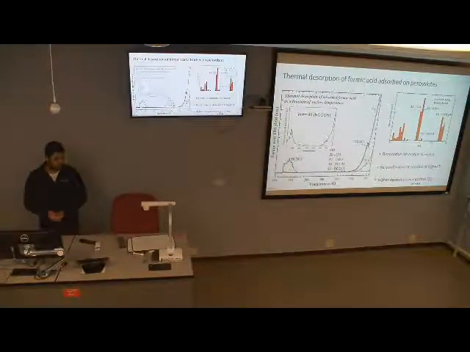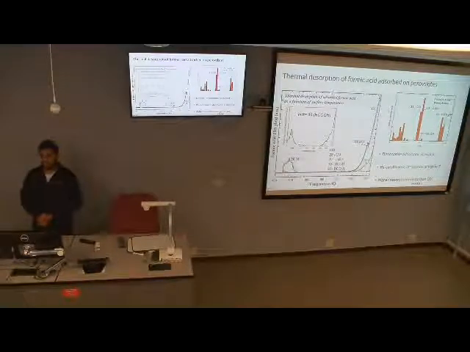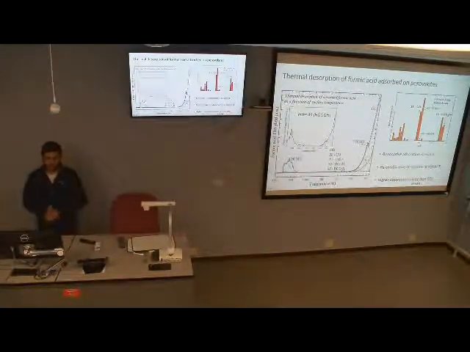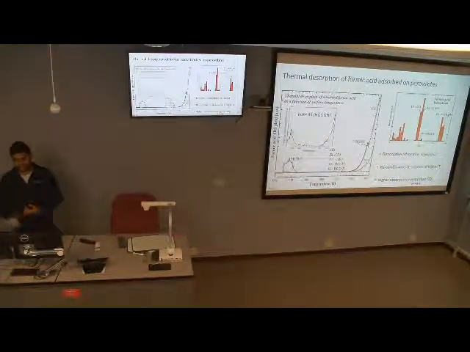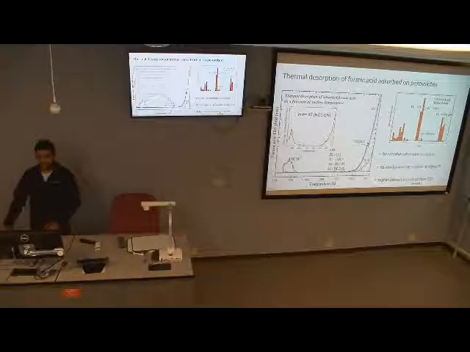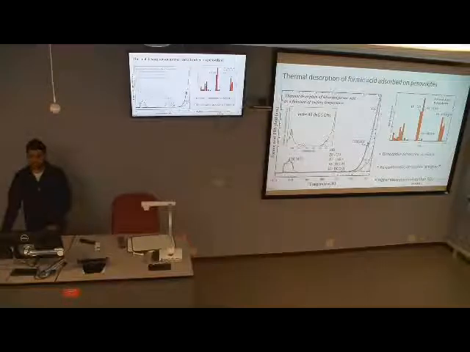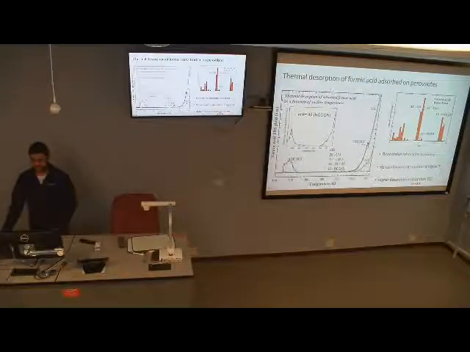We dosed about 20 Langmuirs of formic acid, and this lower temperature desorption peak may be mostly due to the molecular desorption of condensed formic acid on the surface. Then at high temperature, around 600 Kelvin, we see 3 different mass fragments here.